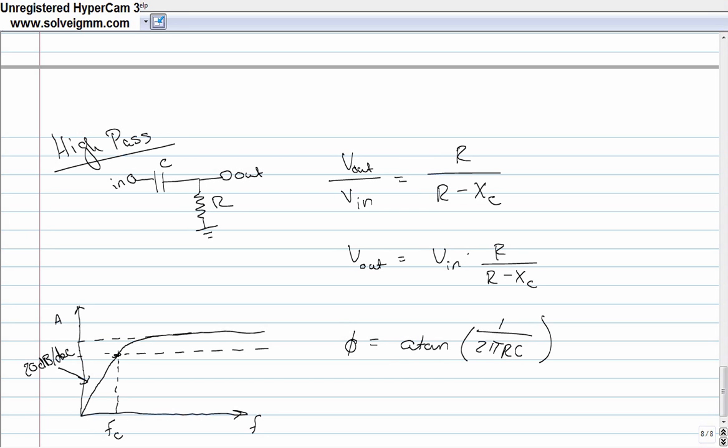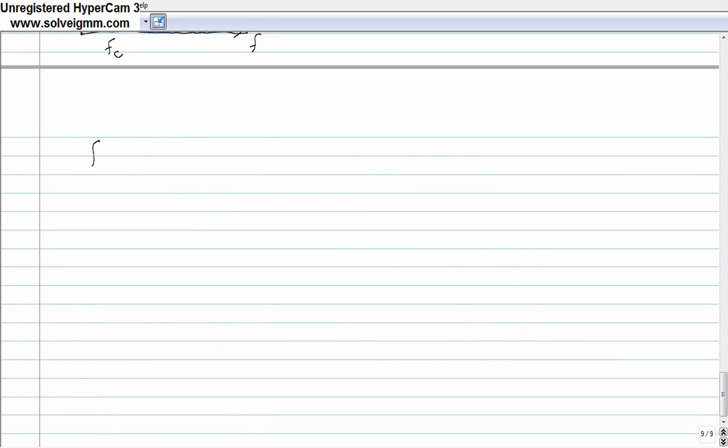I mean, it follows exactly the same trend as low-pass filters. Don't believe me? Look at the math. The formula to calculate the cutoff frequency for high-pass filters is 1 over 2 pi RC. The formula for second order, FC equals 1 over 2 pi times the square root of R1, C1, R2, C2. It's exactly the same.